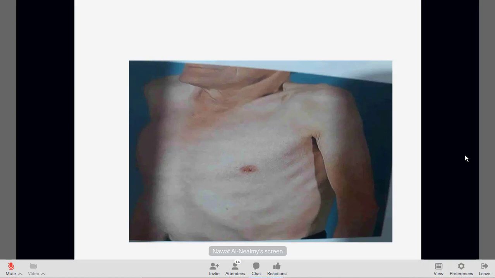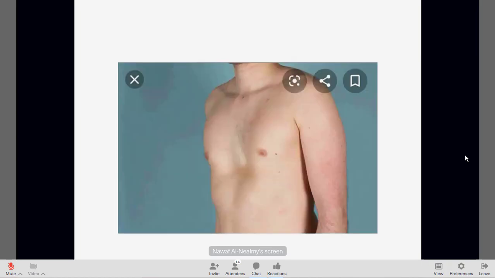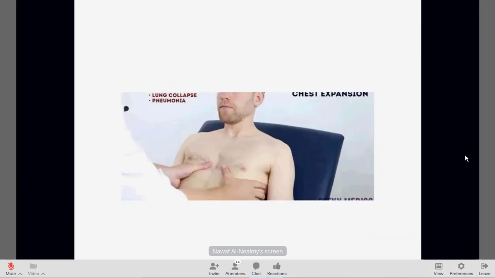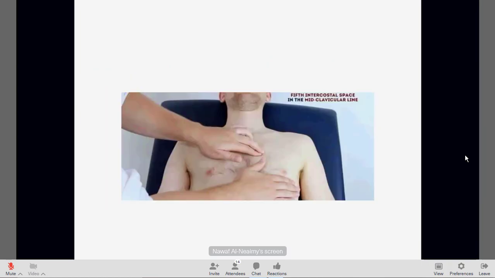When you intend to examine the apex, it represents the mitral area of the heart, the apex of the left ventricle. So I will start by putting my right hand over the left side of the patient's chest, approximately below the nipple.